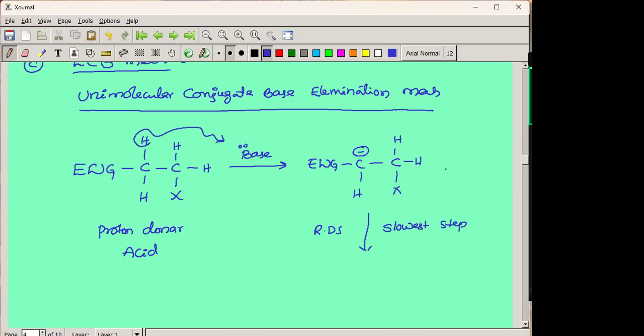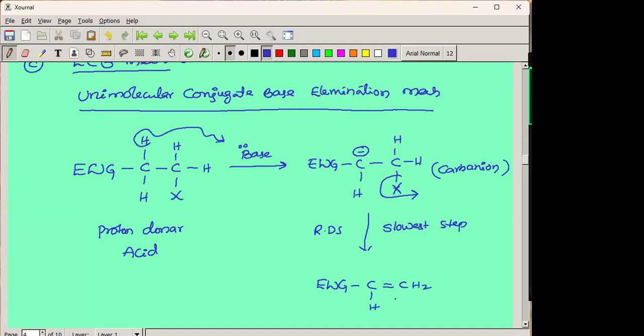This is considered as a carbanion. So this carbanion is involved in the process. So this X is removed from this molecule. So what we get is a compound, alkene, as a product. Finally, we get alkene as a product.